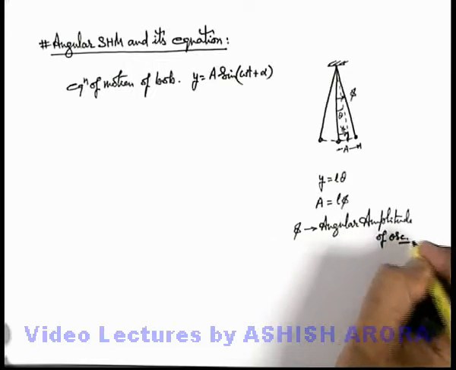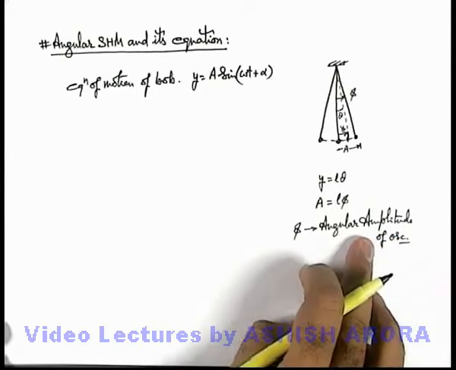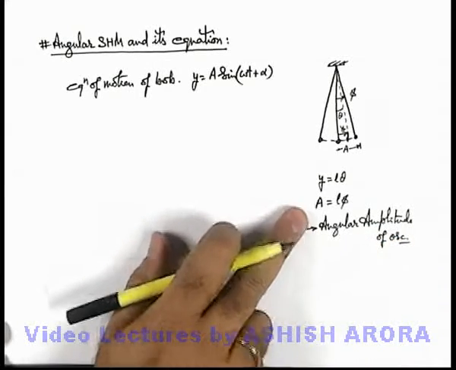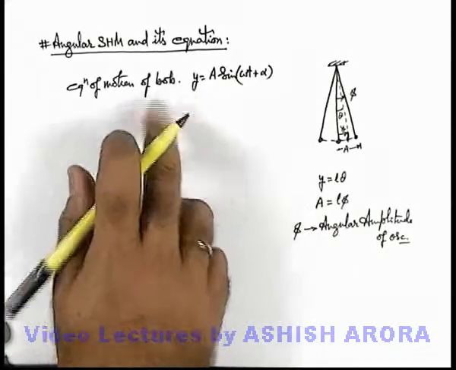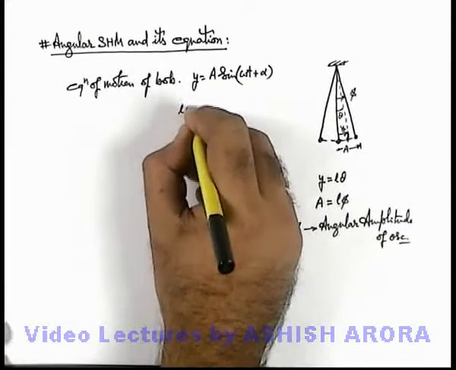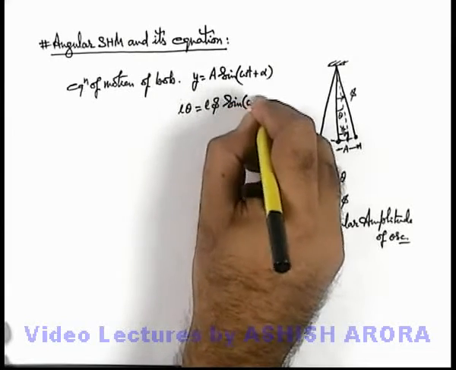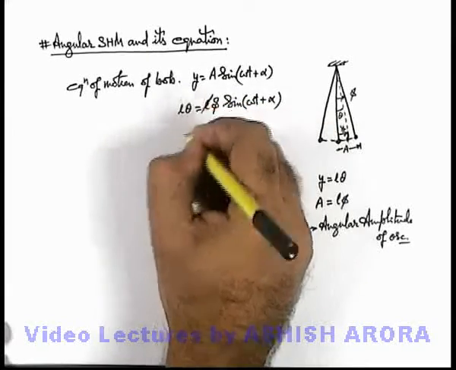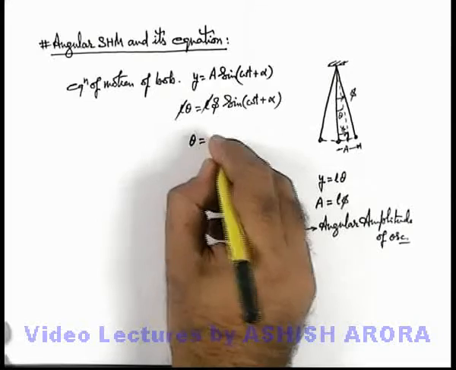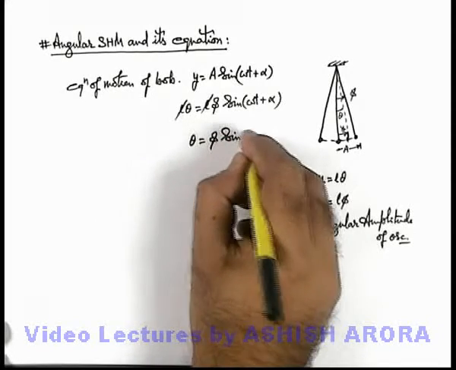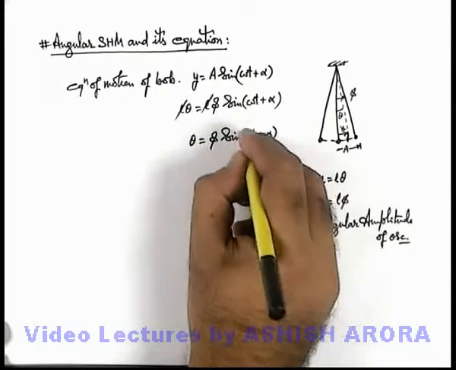Now in this situation, if we substitute the value of y and A here, you can see what we are going to get. It will be L theta is equals to L phi sine of omega t plus alpha. Here L gets cancelled out and we get theta is equals to phi sine of omega t plus alpha.